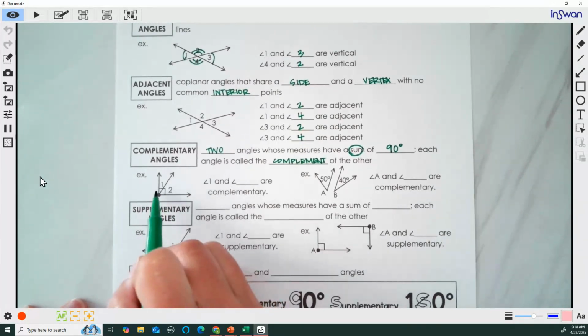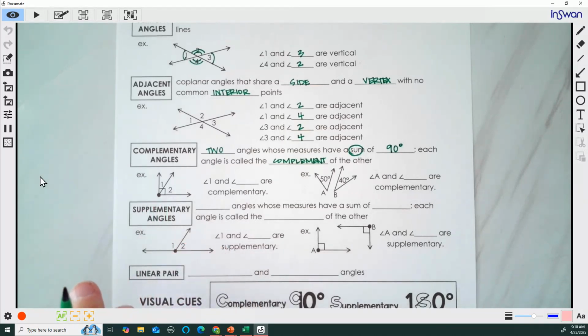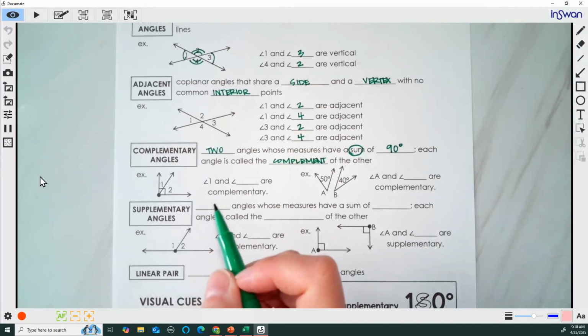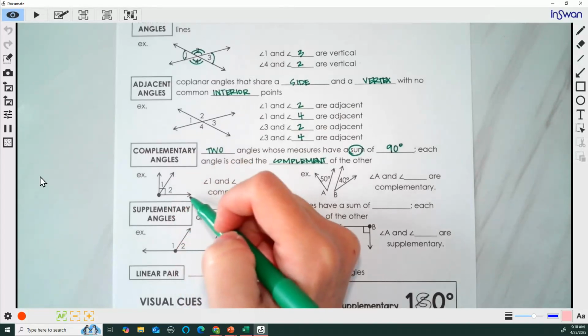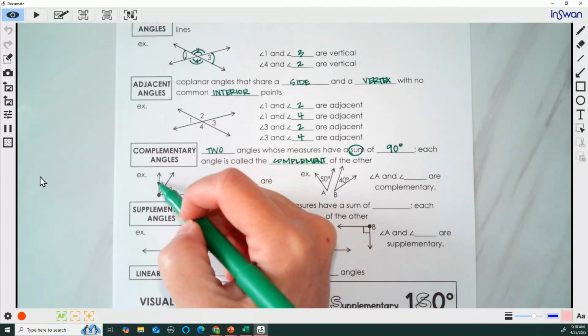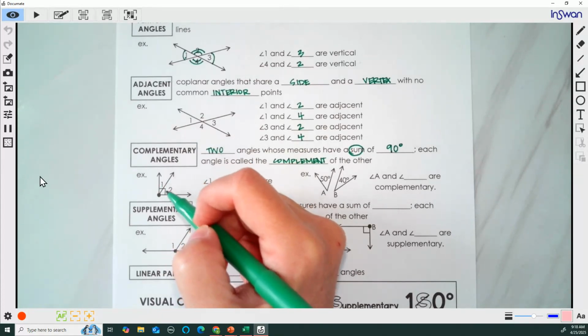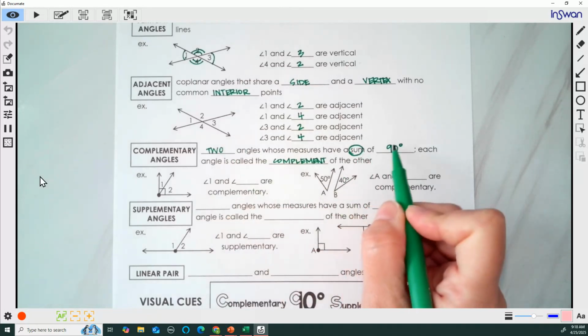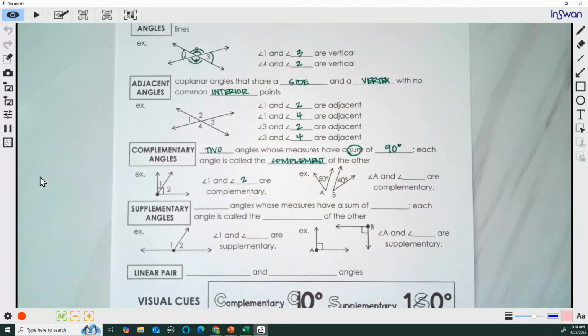We see that we have our right angle box, which indicates that it's a 90-degree angle. And so we've got angle 1 here adjacent to angle 2 here. So the measure of angle 1 plus the measure of angle 2 have a sum of 90 degrees. So angle 1 and angle 2 are complementary.